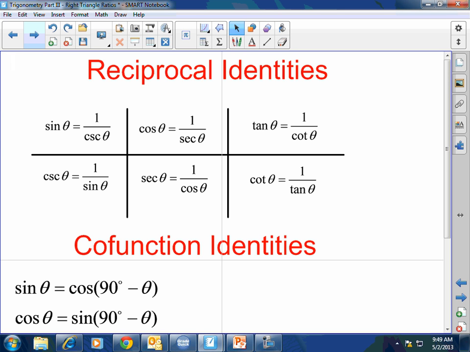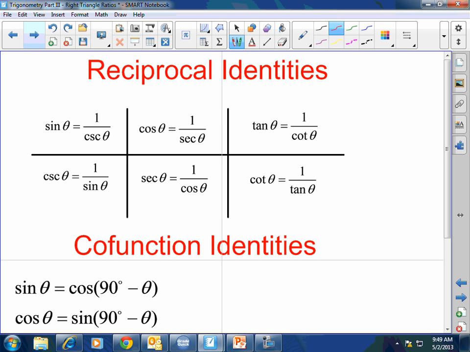Now, there are some things that are called identities. Identities are facts in trigonometry that make you quicker at solving things. Remember that we said that sine and cosecant are reciprocals, correct? Well, if I have the value of sine, it's the same thing as saying 1 over the cosecant.